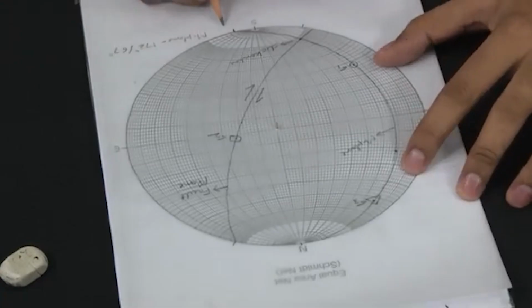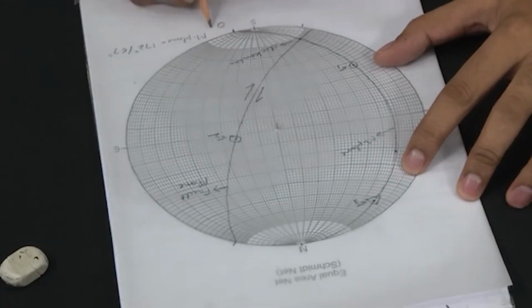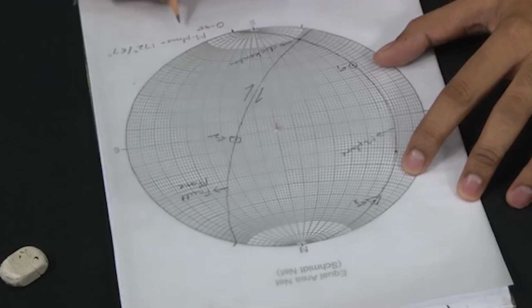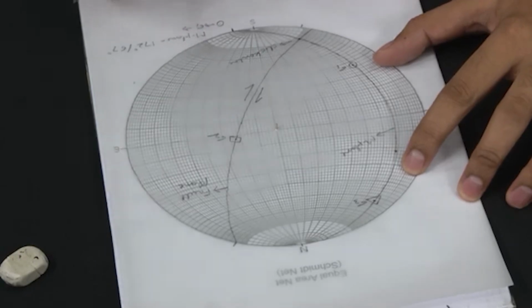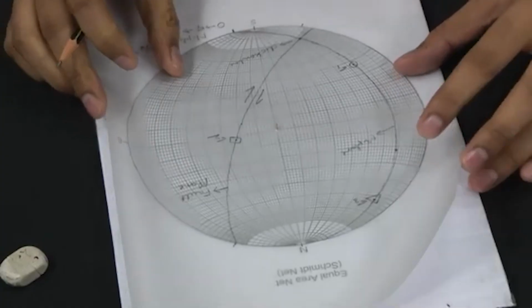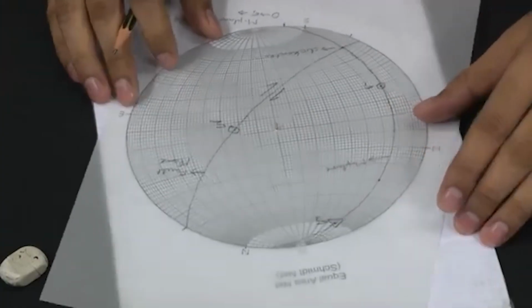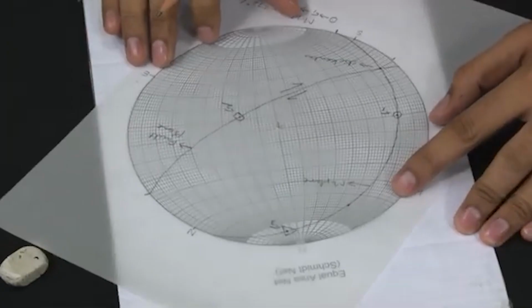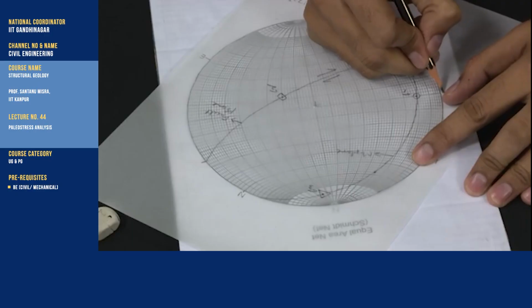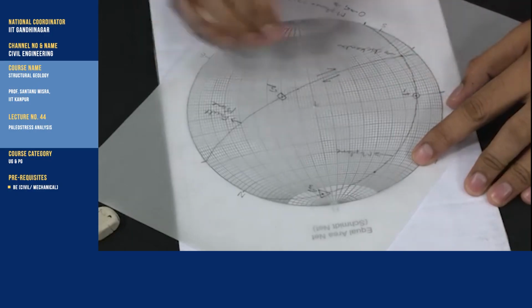Sigma 1 is represented by the open circle. For the trend and plunge of sigma 1, I will bring this sigma 1 on the east-west line, mark the trend and count the plunge.